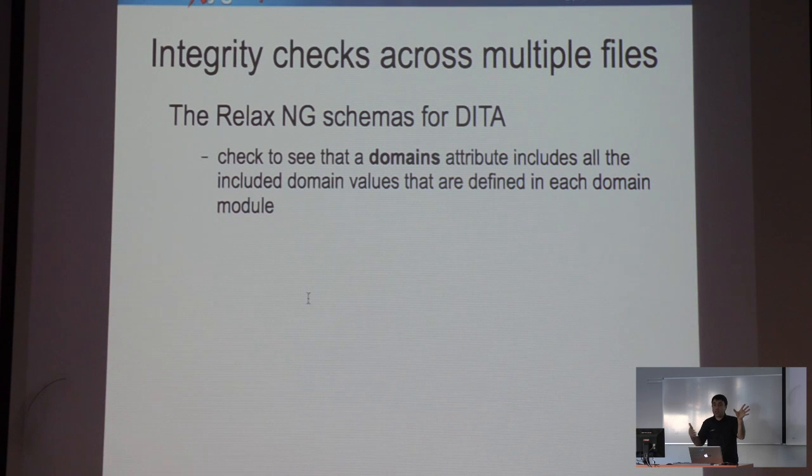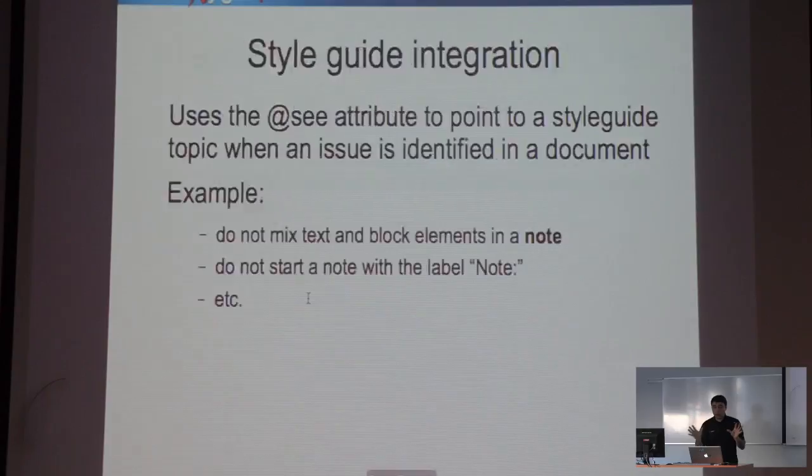We go into those files, extract the values that should be in the domains, and you can check that dynamically. So we do not have a mismatch between what the domains said and what you actually included in a schema file. So you can combine Schematron to check your RelaxNG or XML schema files, basically.